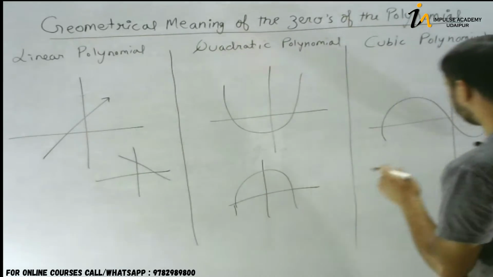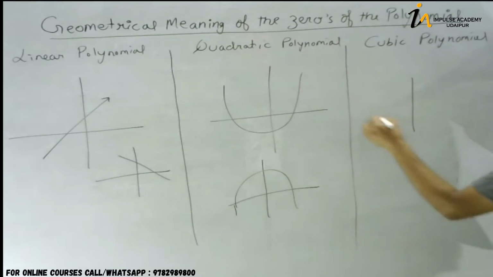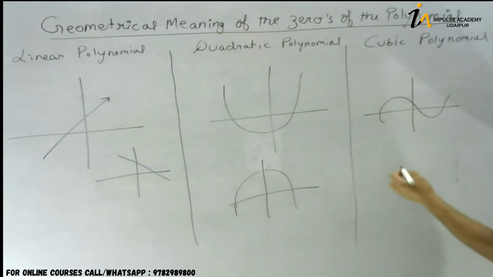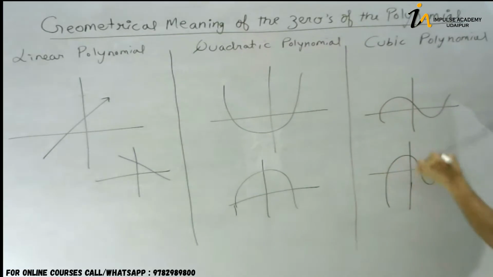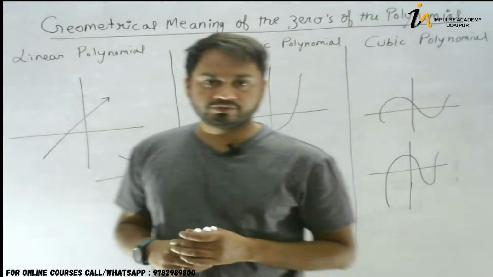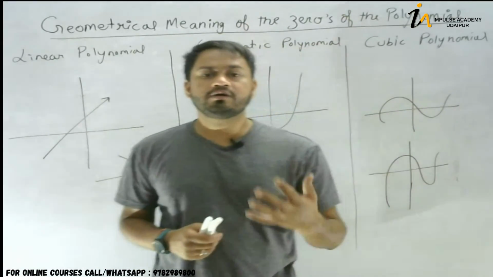If you cannot see that, I can draw it again. It will be like this, and we can also consider it as this one. So these are the kinds of graphs which we see according to the polynomials.